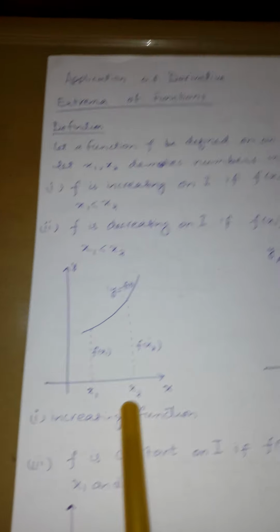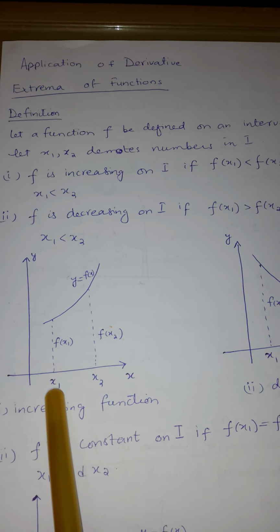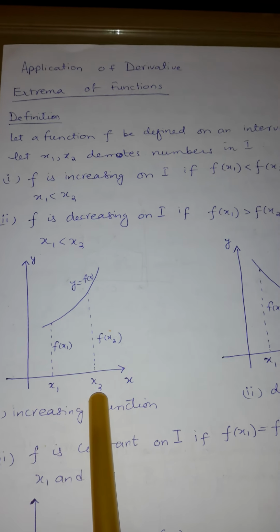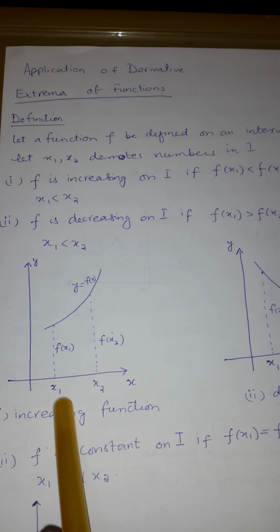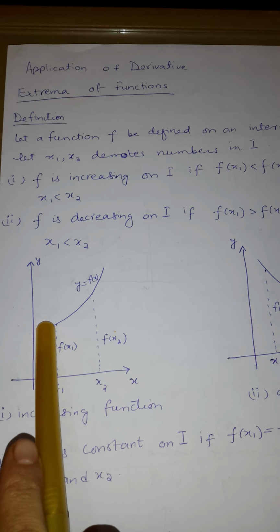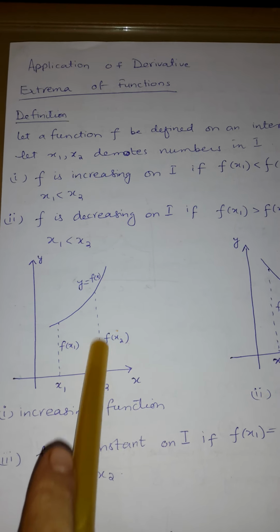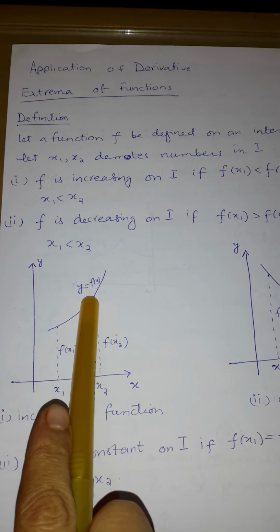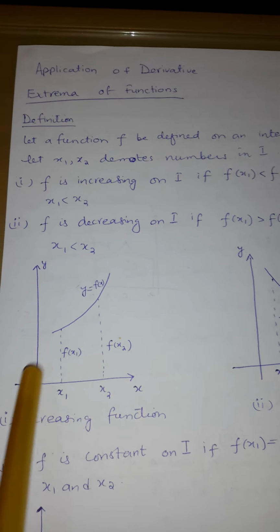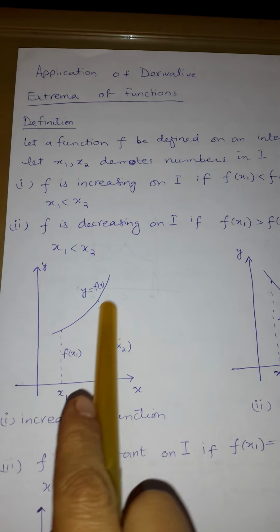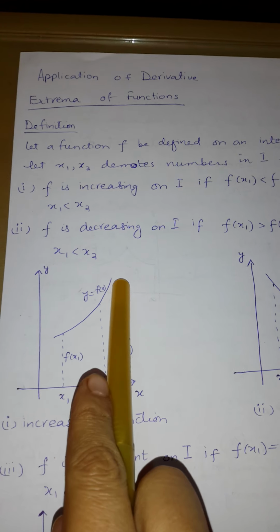As you can see in the diagram, here we have x1 point and here we have x2 point. Now f of x1 is attaining minimum value at the point x1 and it is attaining maximum value at the point x2. So here the function is increasing from x1 to x2.